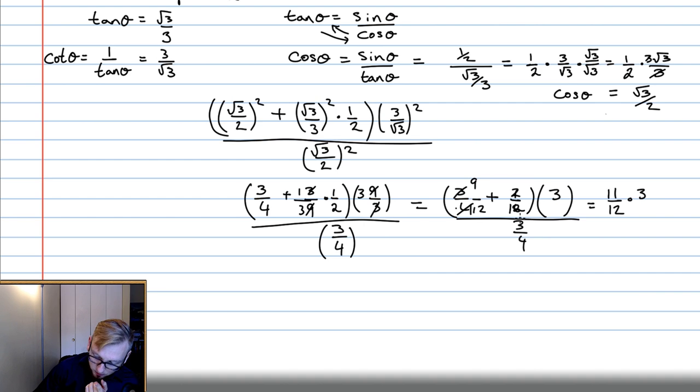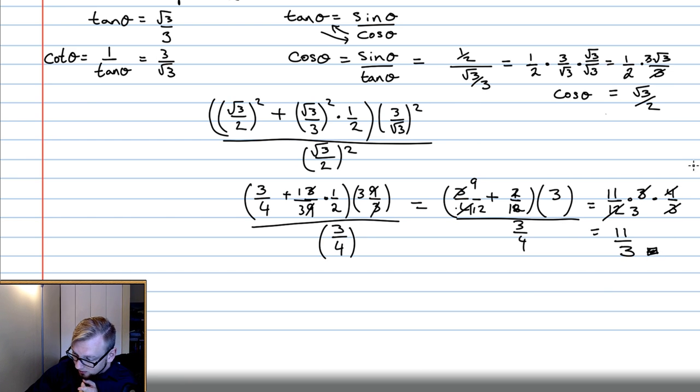And now we're going to multiply by the reciprocal of 3 over 4. So that would be 4 over 3. And the 3's will cancel out. And, well, then the 4 will go into 12. 12 is 3 times 4. So this 4 and this 4 will cancel out and we're left with the 3. So we got 11 over 3. Boom.